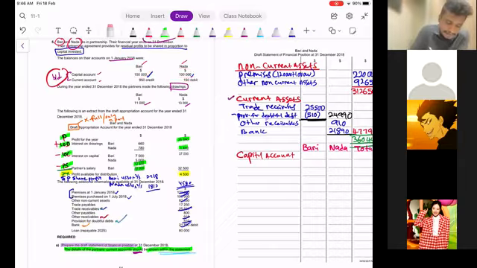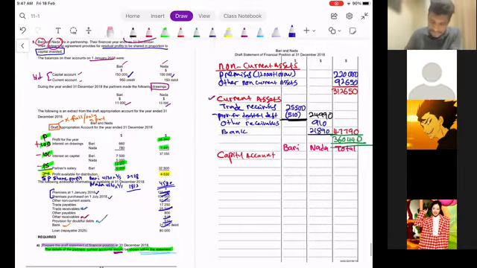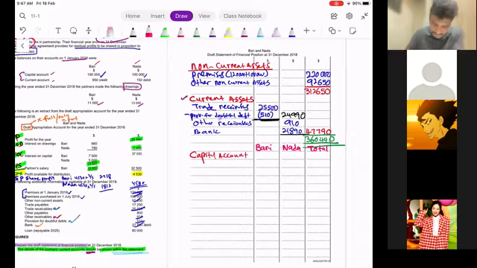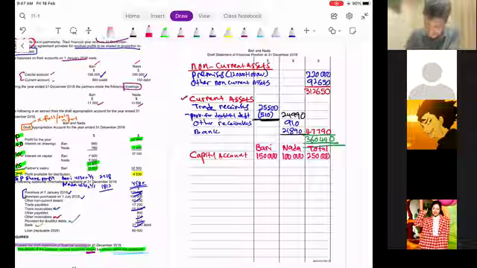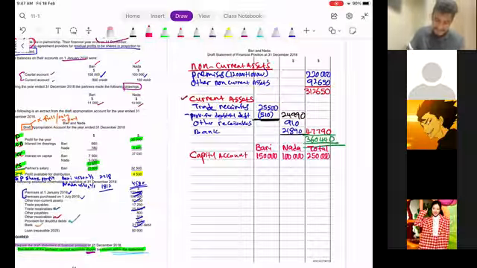So your opening balance will become your closing balance. So the capital account balance is 150 and 100. Total 250. Very simple.